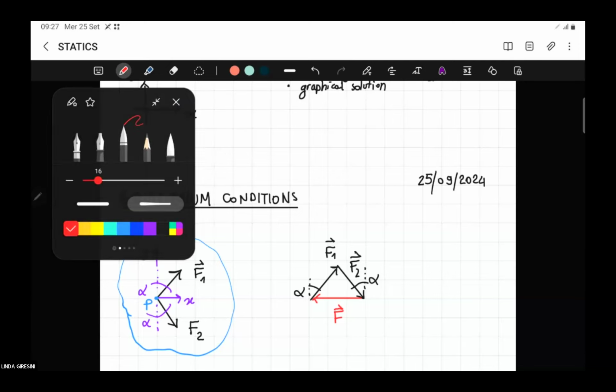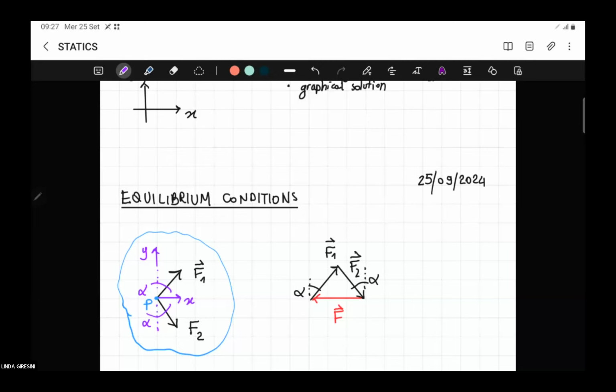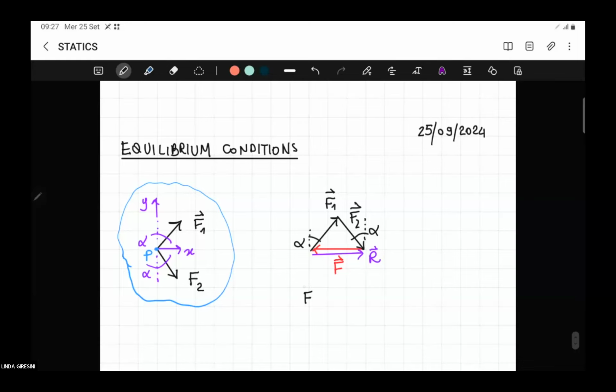I would like you to notice that F is the opposite of the resultant force that we saw yesterday. So we can write that F is minus R. You can see the resultant force as the opposite of the force that gives equilibrium to the element itself, subjected to these two.